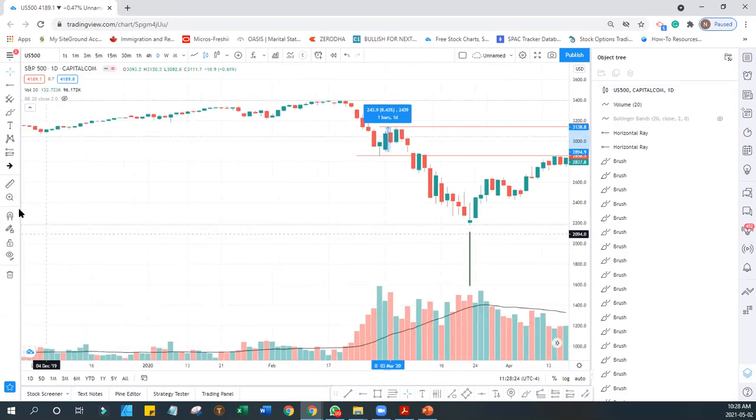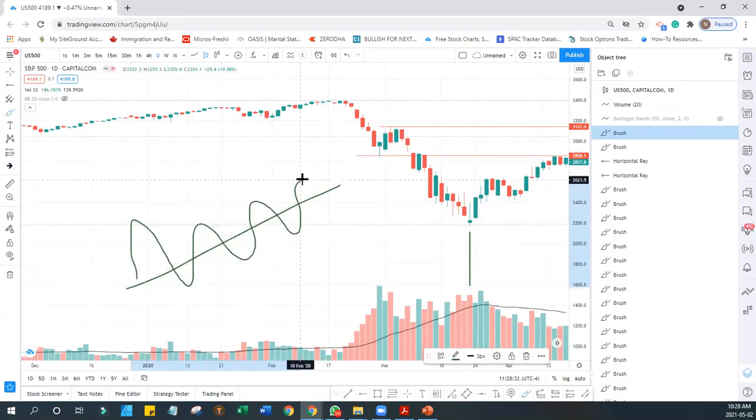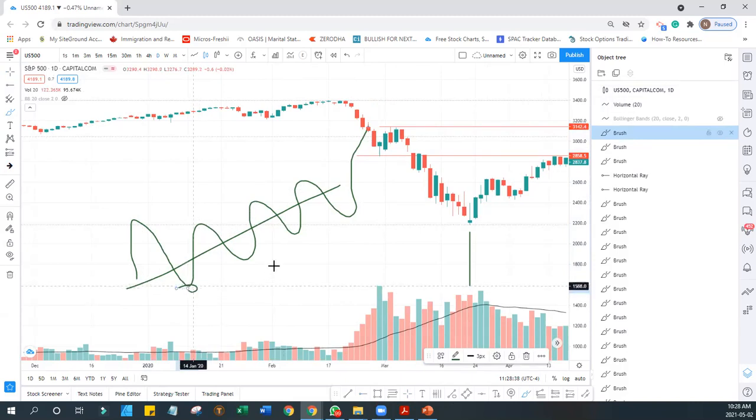The market never just runs. Remember, the market never goes straight. It will always go up, down, up and down, even if it's a trending market. What we as traders have to do is try to catch it here, here, or here, whether you are a buyer or a seller.